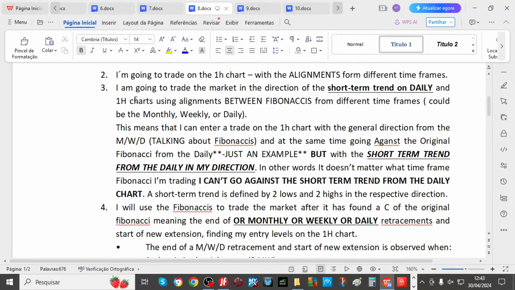This means that I can enter a trade on the 1 hour chart with a general direction from the monthly, weekly, daily, talking about Fibonacci's, and at the same time going against the original Fibonacci from the daily, just as an example, but with a short-term trend from the daily in my direction. In other words, it doesn't matter what time frame Fibonacci I'm trading, I can't go against the short-term trend from the daily chart. A short-term trend is defined by 2 lows and 2 highs in their respective direction.